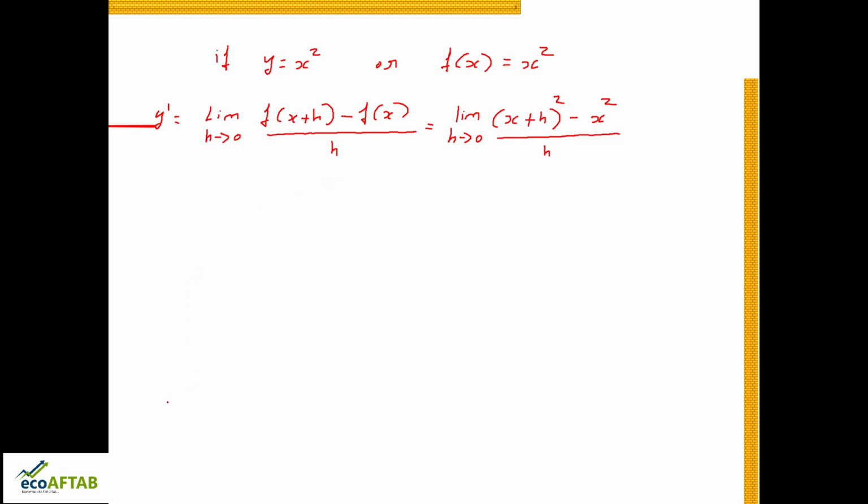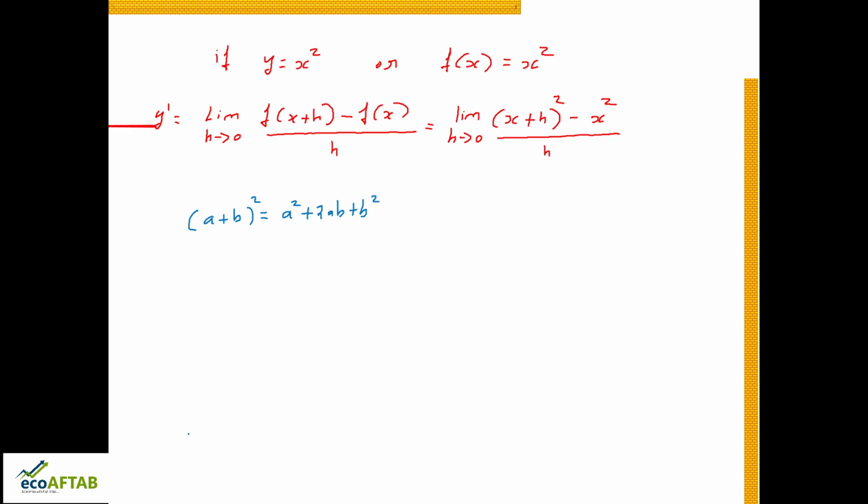Now if you remember our school level algebra, a plus b the whole square can be written as a square plus 2ab plus b square.